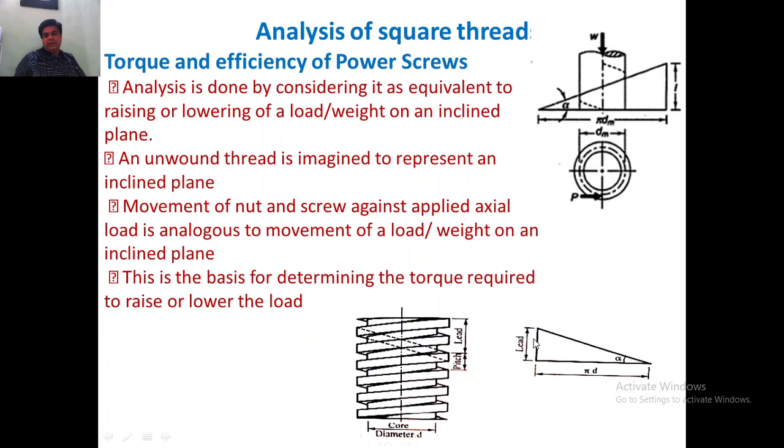So the vertical height of the triangle will become the pitch or lead, and if you develop the cylinder, the development will be equal to the perimeter of that circle. So that is pi d or 2 pi r.